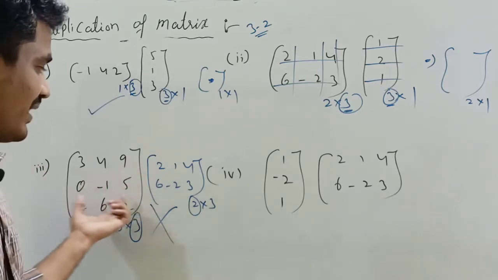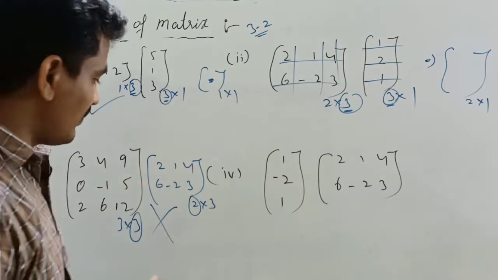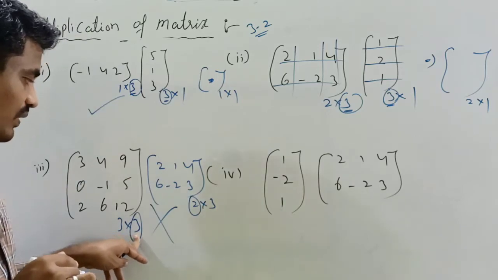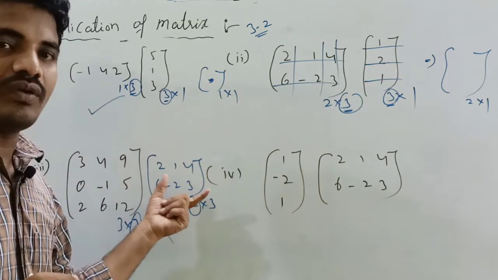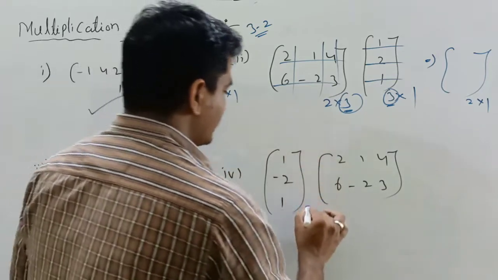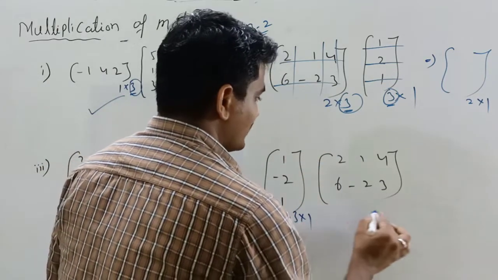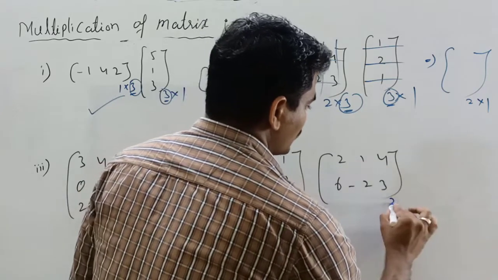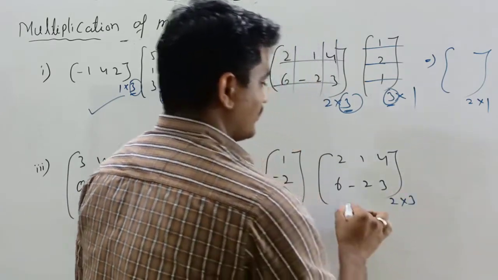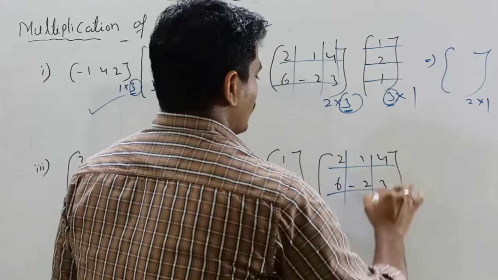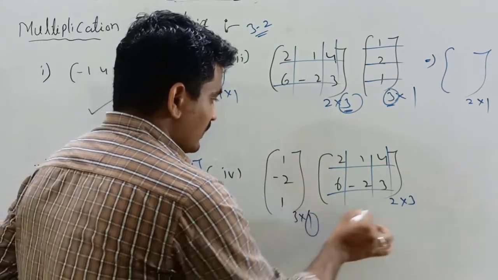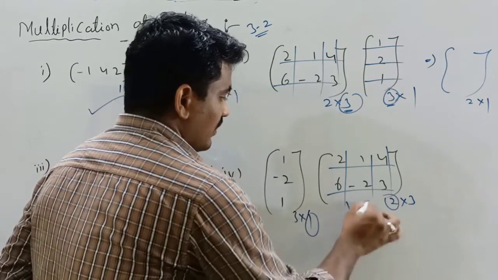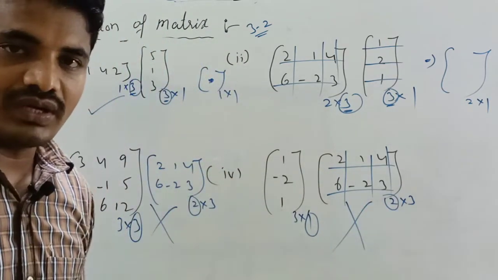Multiplication of these two matrices does not exist, because here the number of columns and the number of rows are not equal. And here is 3 rows, 1 column, and here 2 rows and 3 columns. Once you observe, this one and this one are not equal, so matrix multiplication does not exist.